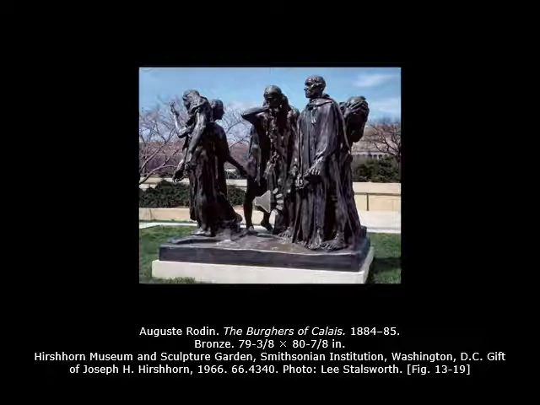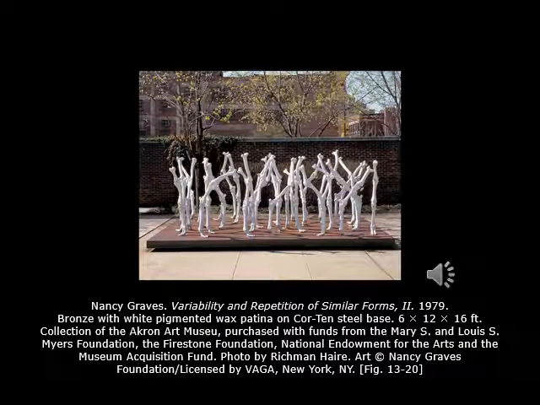So this piece, Variability and Repetition of Similar Forms, consists of 36 leg bones modeled after life-size camel bones and arranged across a large flat base. Legs appear unique, but each is a derivative from 3 or 4 models, refashioned in a variety of ways.